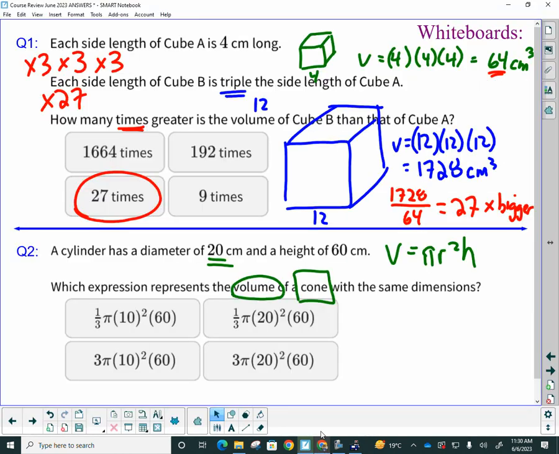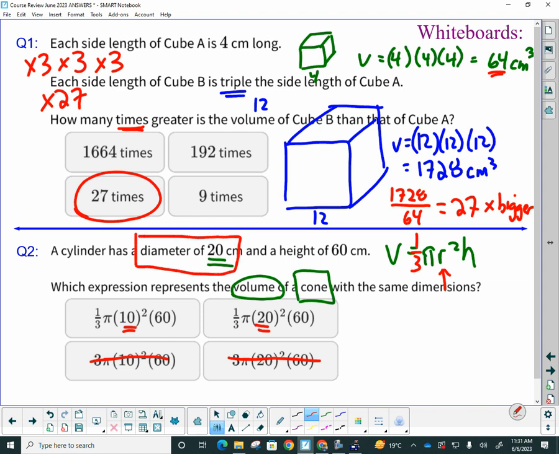So if I go back to this, all of these have 1/3. So automatically I can eliminate 2 of these answers. This isn't a third, this is a third. The only difference between these two is 10 and 20. My formula says r, but it gave me a diameter of 20.